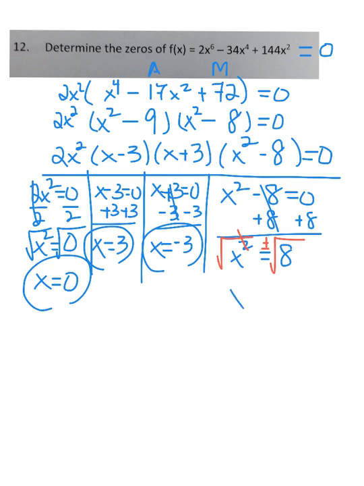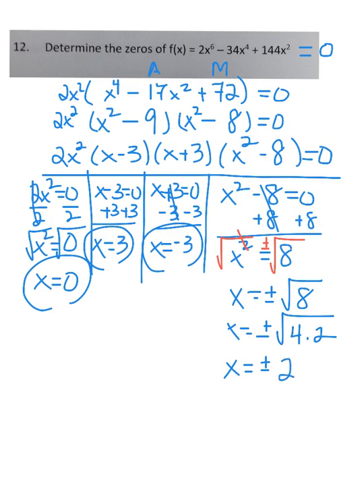So then that's going to give me x equals plus or minus radical 8. Now radical 8 can break down. Remember, radical 8 is really 4 times 2, and 4 is a perfect square. So the square root of 4 is going to be 2, and then radical 2 does not break down.